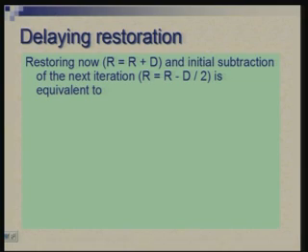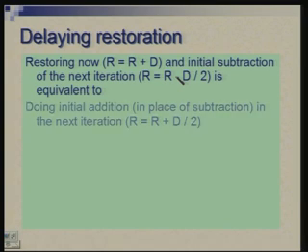The motivation for doing this is what is going to follow, that we can actually postpone this restoration by making the following observation: if you are restoring now in any particular step, you are restoring by adding d to r, right, and in the next iteration there will again be an initial subtraction, where d would have reduced by a factor of 2. So, now you are adding d, and in the next iteration you will subtract d by 2. Okay.